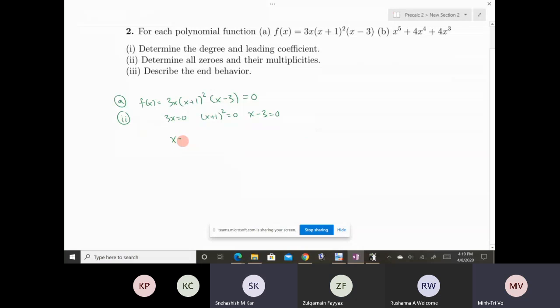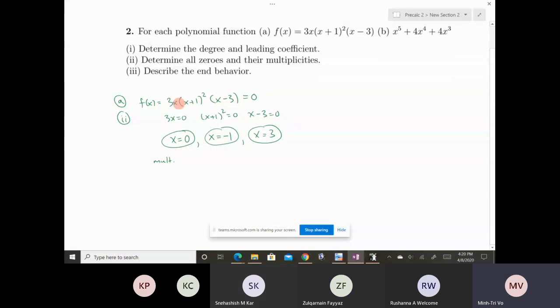Then x equals 0, x equals minus 1, and x equals 3. Those are the zeros. You have three different zeros. And what are their multiplicities? You have to look at the power of the factor it came from. For x equals 0, you look at the x here. What is the power for x?